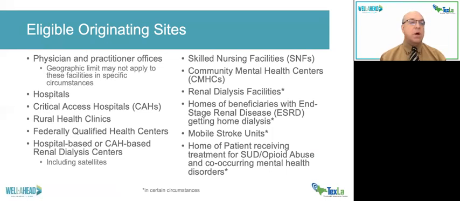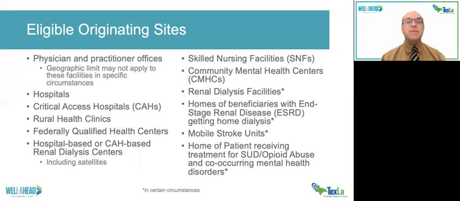Hospitals were covered, and critical access hospitals were covered. Rural health clinics were covered. Federally qualified health centers were covered, and hospital-based or CAH-based renal dialysis centers were also covered. Skilled nursing facilities, community mental health centers, and renal dialysis facilities were covered.